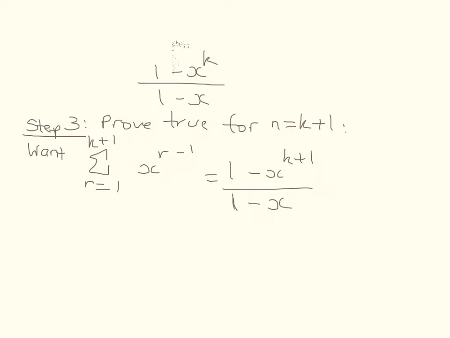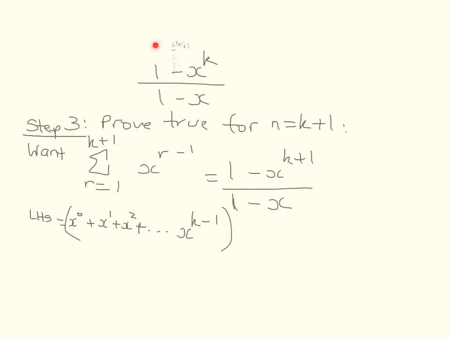So let's go. So I've got x to the 0, the left-hand side, is x to the 0 plus x to the 1 plus x to the 2 plus, now if I sub in k, I'll get x to the k minus 1. And if I put that in brackets, that's all of those terms added up.